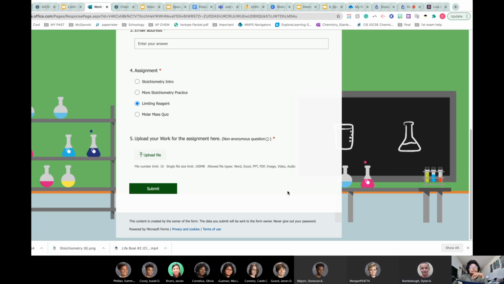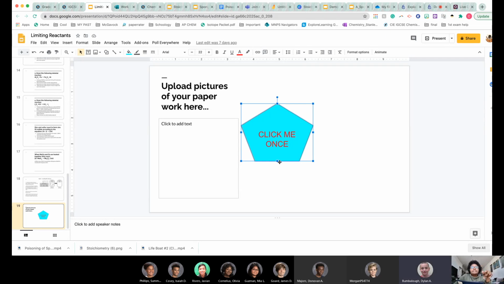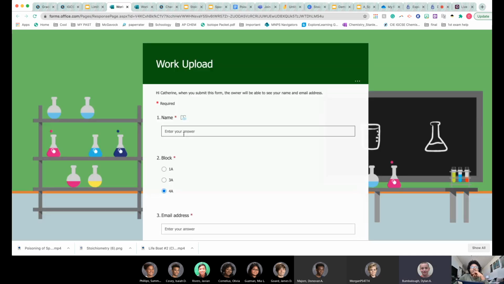We're not there. Go ahead, Dylan. What did you just do there? One second, I didn't see. Oh, so like the last slide, when you finish all your work on Monday, the last slide is where you're going to upload pictures of your work to me. You would click it, and it's going to open up a Microsoft form.